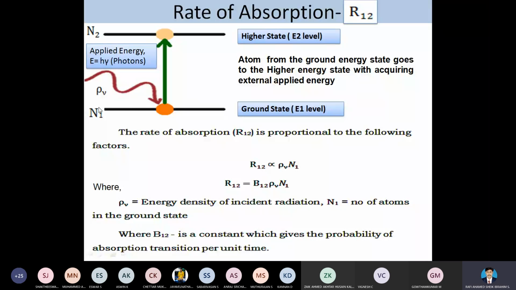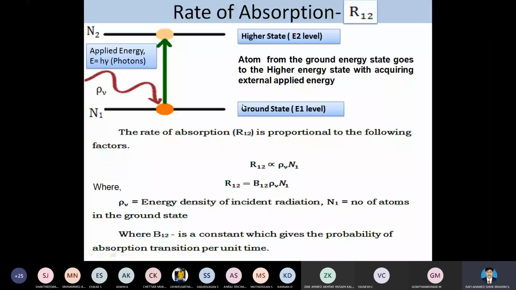For our convenience, to explain the concept in a simple way, we consider a single atom, but in reality it contains n number of atoms. That's why we write N1.